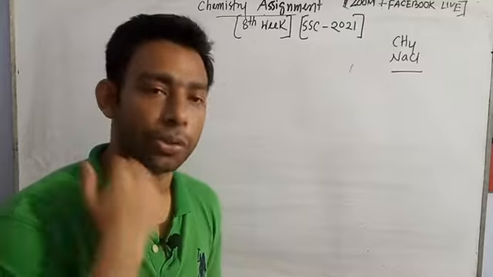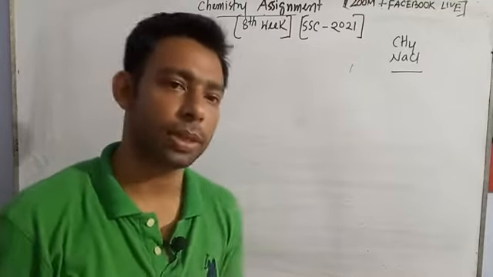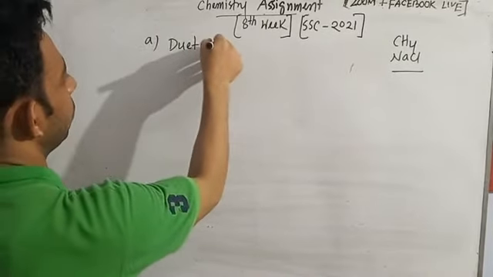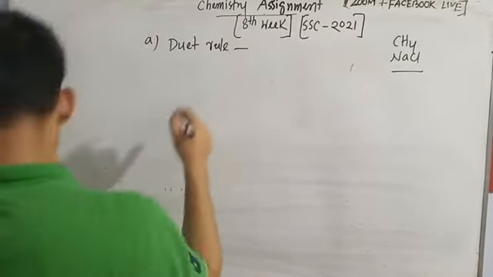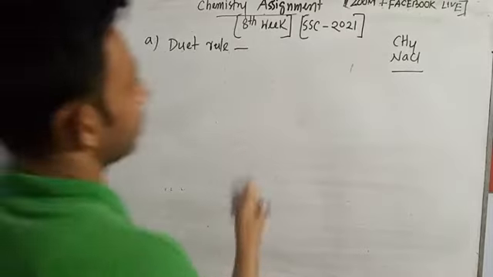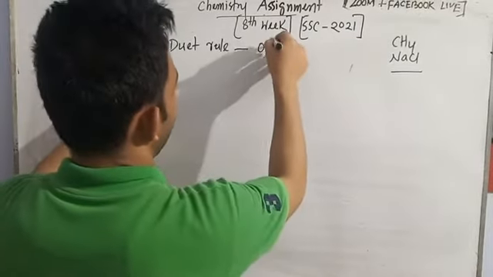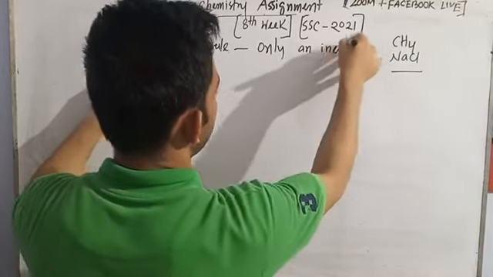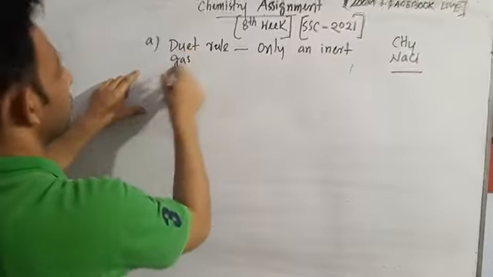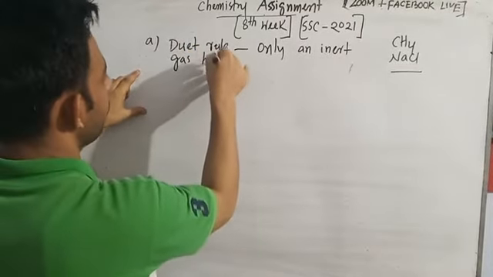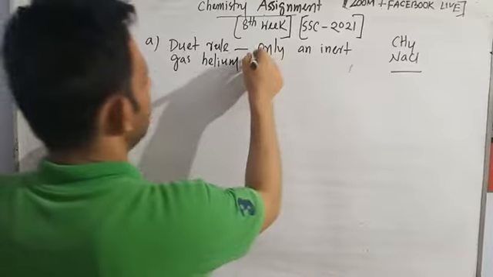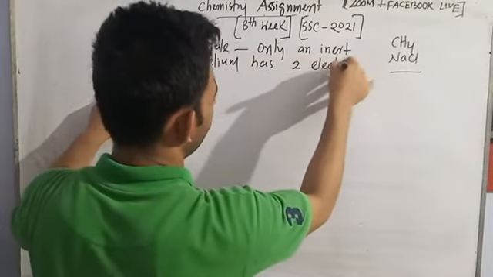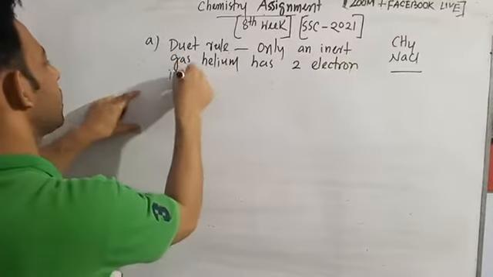First of all, question A asks to explain the duet rule and octet rule in the case of these two compounds. At first we will write the duet rule. The duet rule applies only to the elements near the inert gas helium. Helium has two electrons in its outer shell.